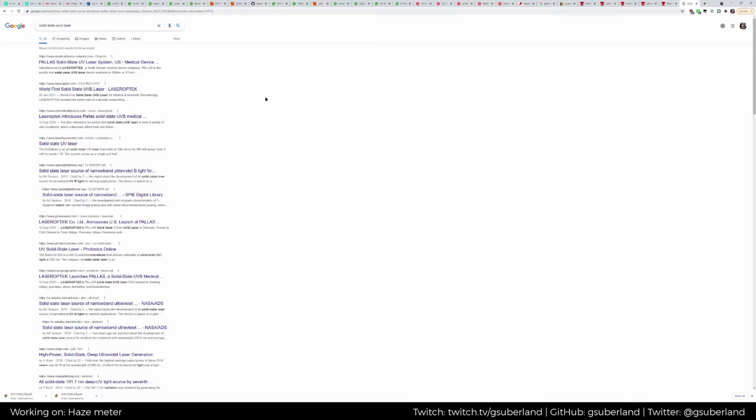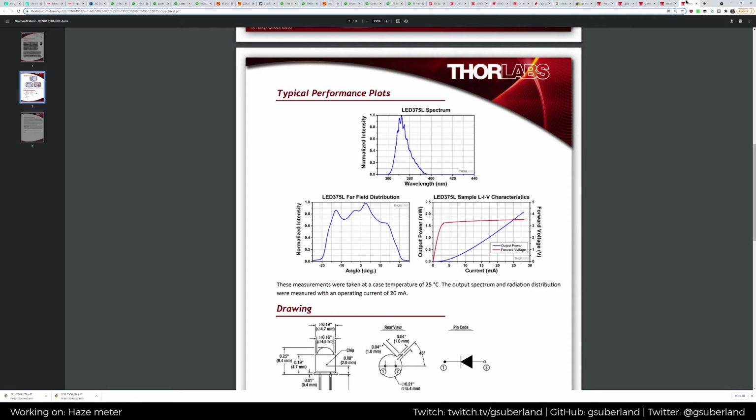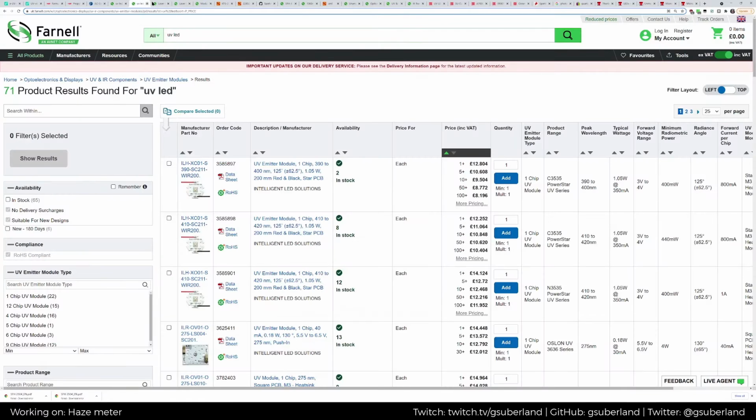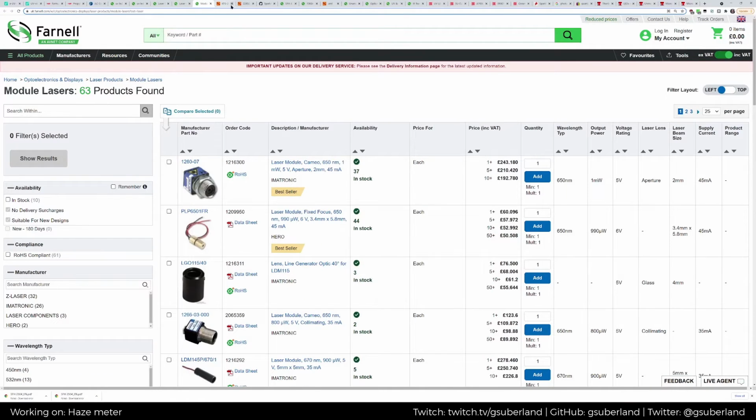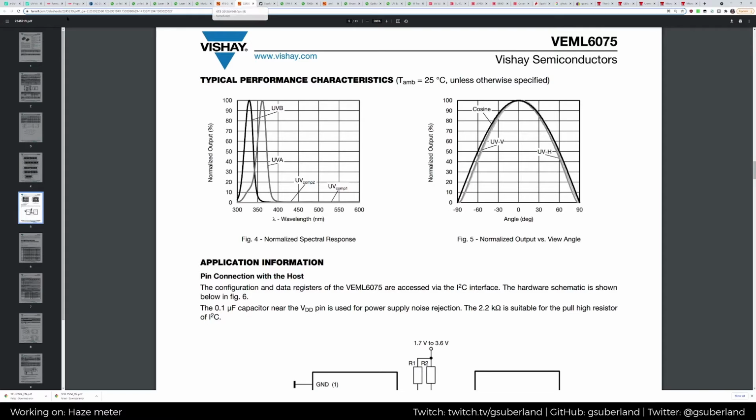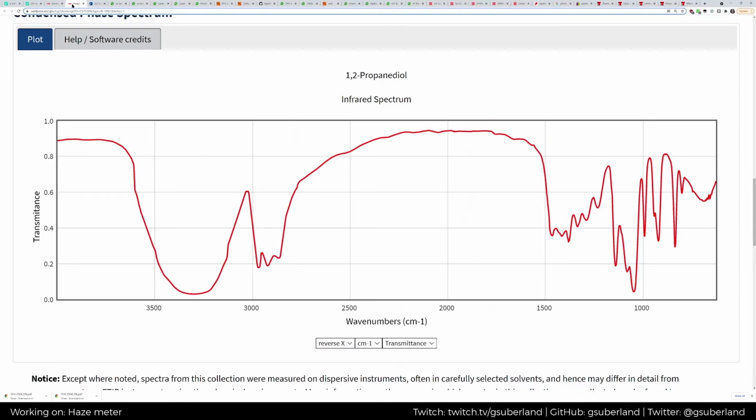That's a shame. I don't really want to use a UV lamp, like a vapor lamp. That seems like a bad idea. If 360 nanometers is enough, where was that spectra?